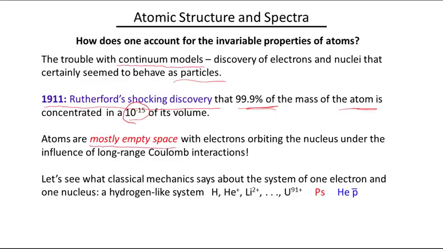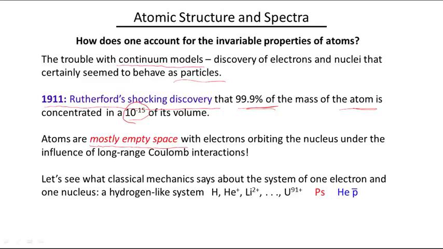And most of it, from Rutherford's experiment, had to be empty space with all the mass concentrated at the center. So this is actually a system somewhat like the planetary system. The sun is very massive. It sits near the center of the solar system, and the Earth has a much smaller mass and stands off from the sun and orbits it.